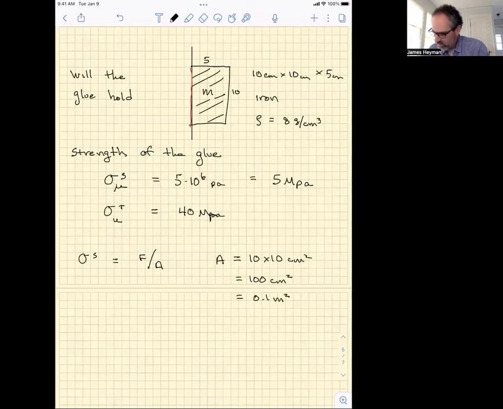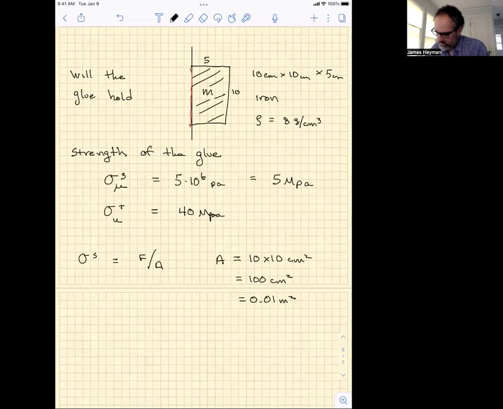No, I'm sorry, .01 meters squared. 10 centimeters is a tenth of a meter, so a tenth of a meter by a tenth of a meter gives a hundredth of a meter squared.